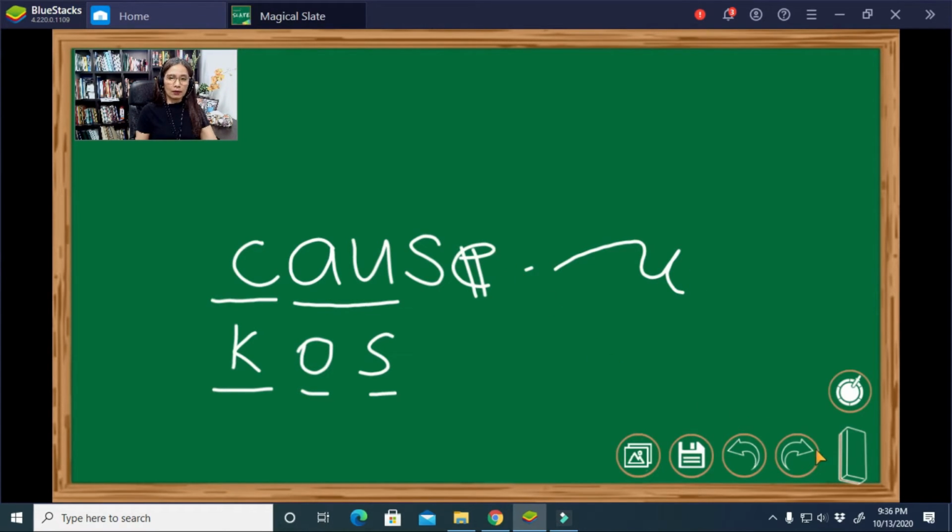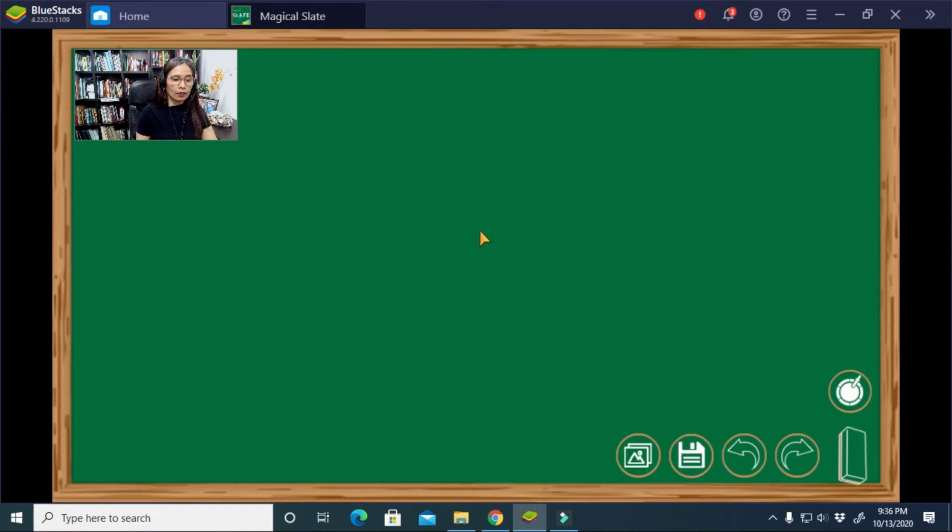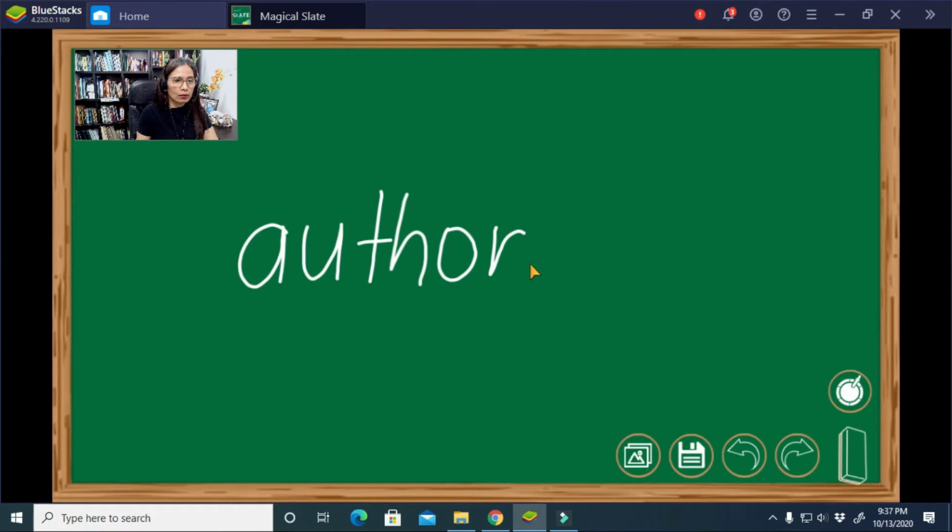Alright, next word. Okay, let's try another example. Can you read this one again? Make it louder, pronounce it properly, and listen to the sounds. Okay, author. See, author. So meaning the sounds here is a short O, alright, and it is followed by TH.